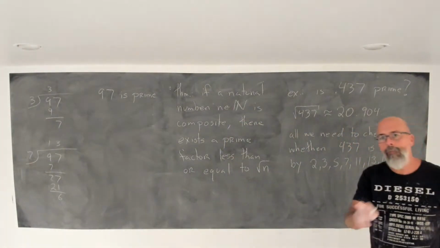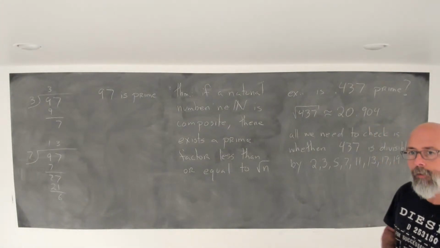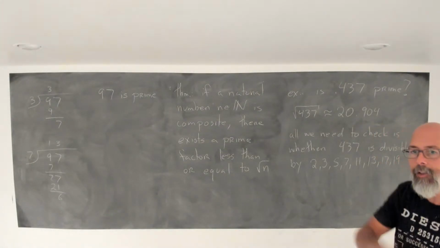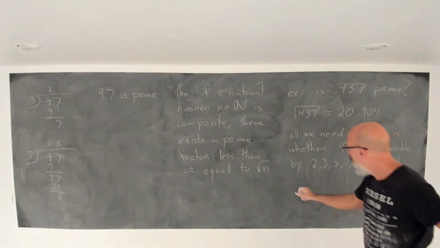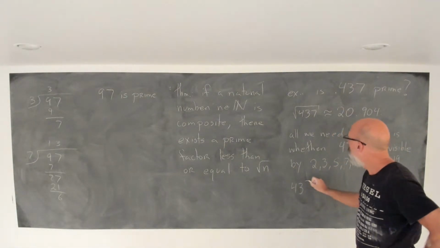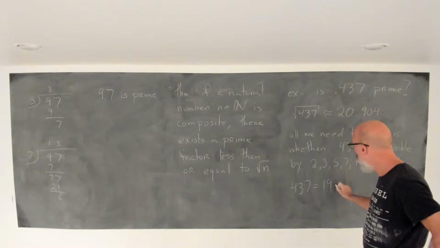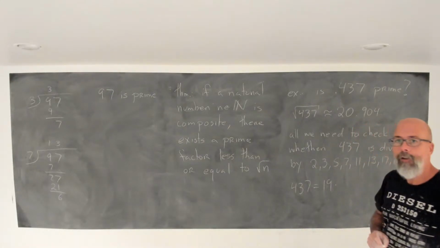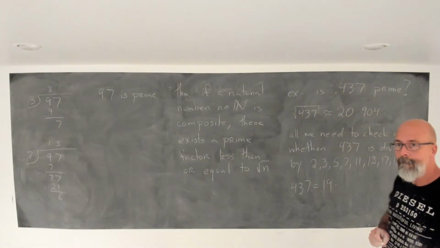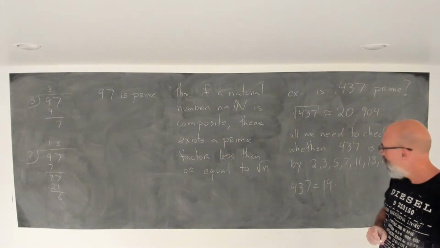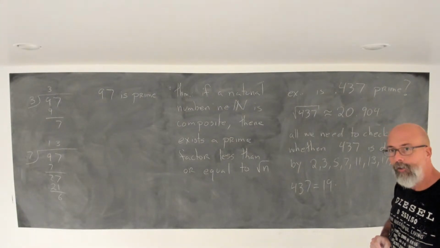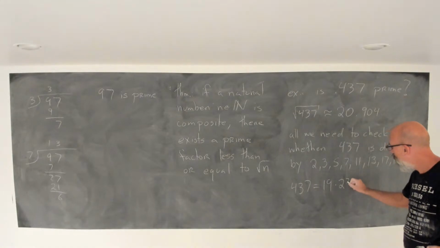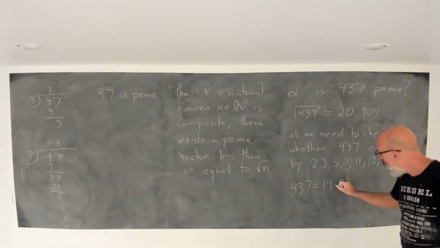Divisible by 19? 437 is 19 times what? 19 times 23, thank you. I'll leave you to check that.